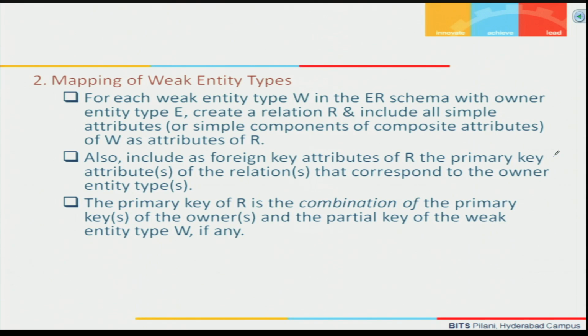Then create a relation R and include all simple attributes of W, the weak entity type, as attributes of R. We know that weak entities don't have primary keys, and the unique identification for entities in the weak entity type is only available in conjunction with the owner entity type.